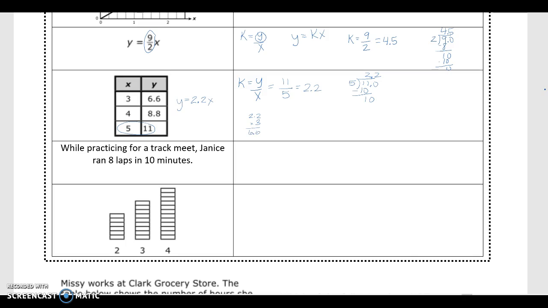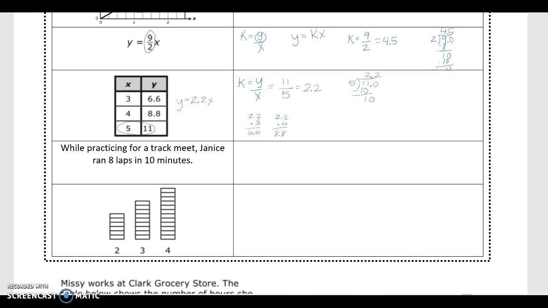So that matches. Oh, I'm sorry, I meant to do it by 4. 2.2 times 4. 2 times 4 is 8, so 8.8. So if I had divided these, I would also get a constant k of 2.2.